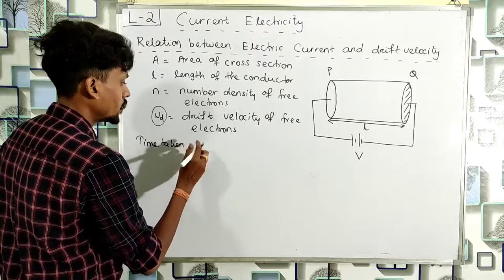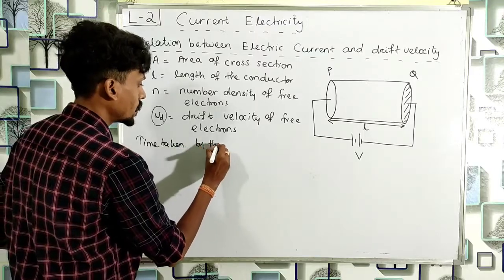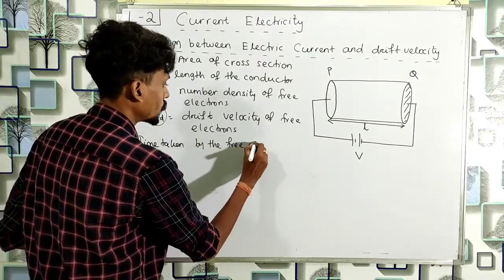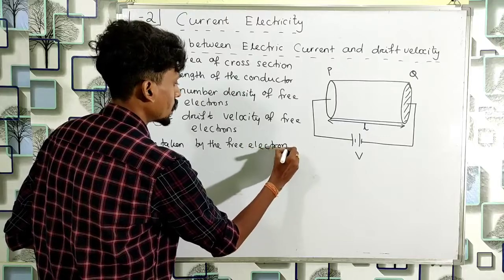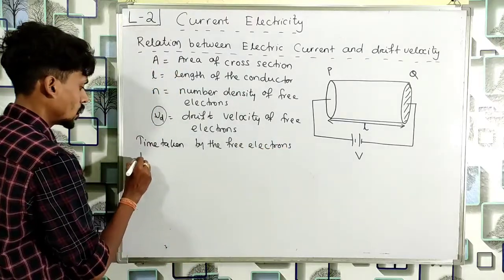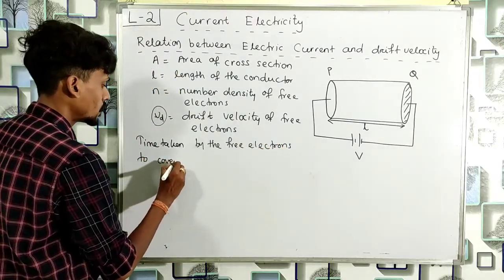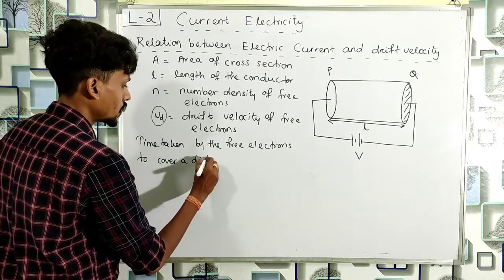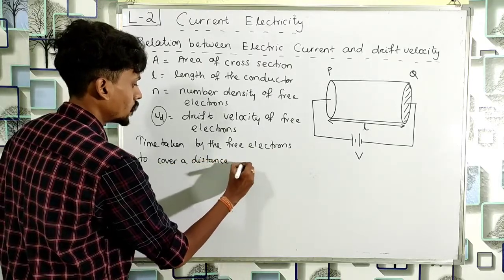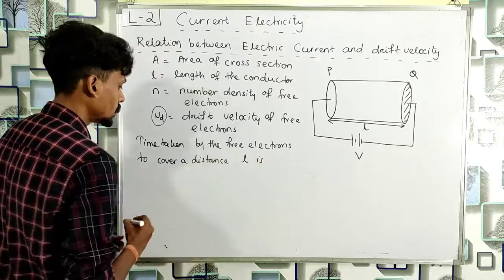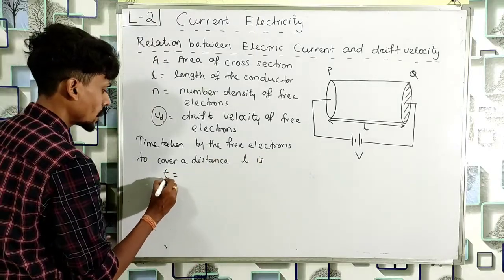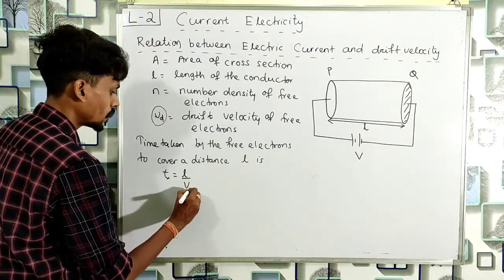So the time taken by the free electrons to cover a distance L is T equal to L by Vd.